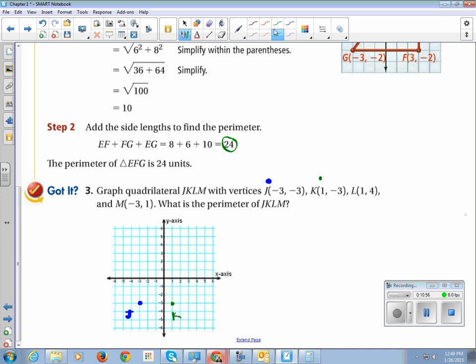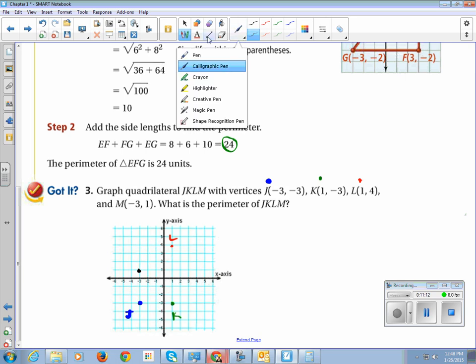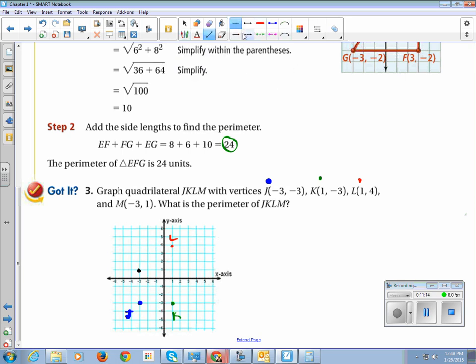I'm going to make L red, he's at 1, 4. And M is at -3, 1. Alright, so let's draw a straight line between each one of those.